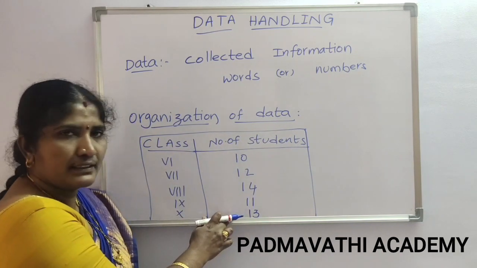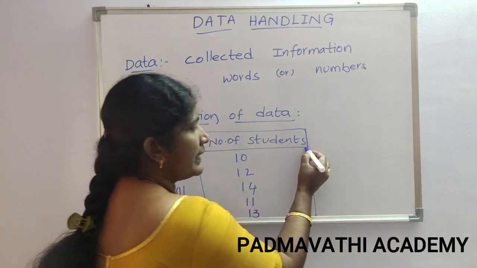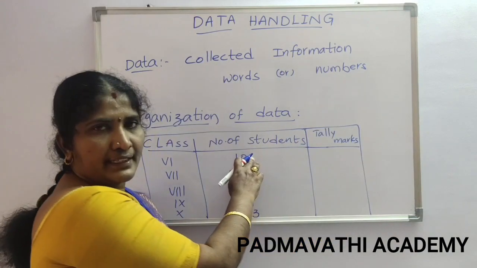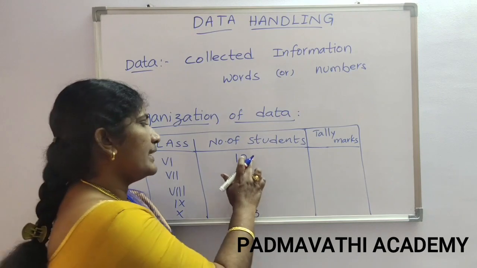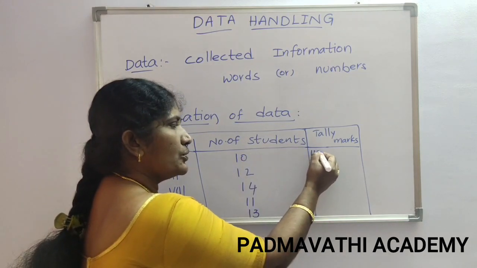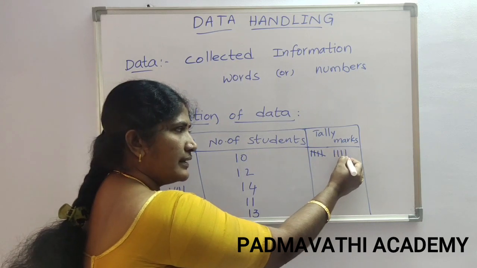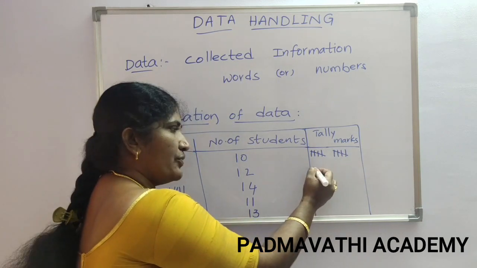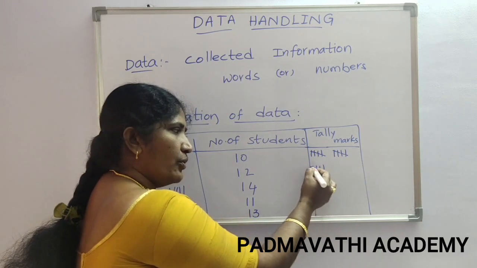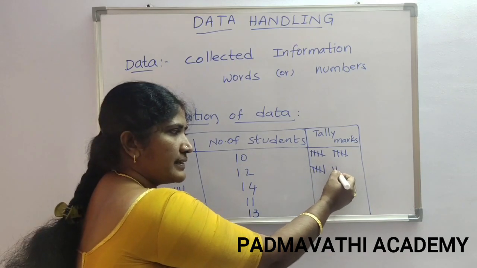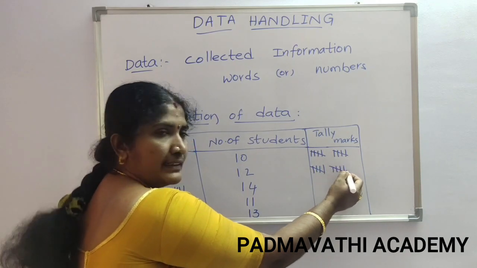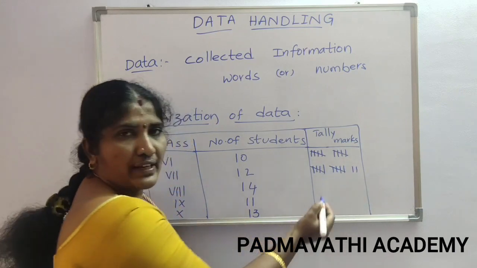Now we can represent these numbers of students by using tally marks. See, 10. I already told how to write tally marks. 10: 1, 2, 3, 4, 5, 6, 7, 8, 9, 10. 12: 1, 2, 3, 4, 5, 6, 7, 8, 9, 10, 11, 12.